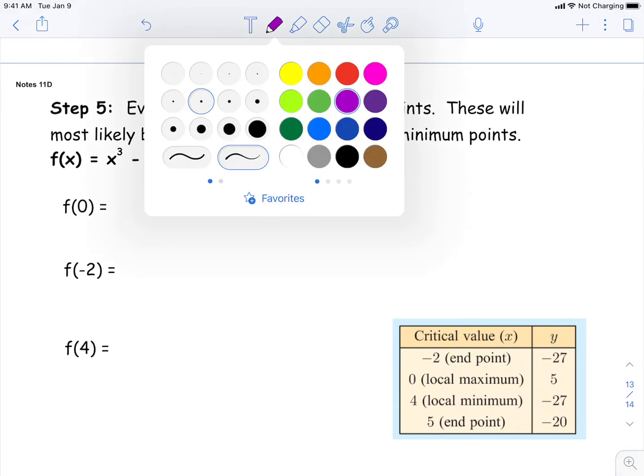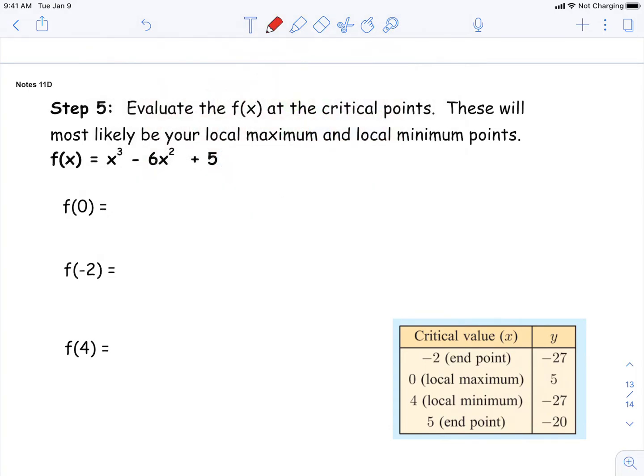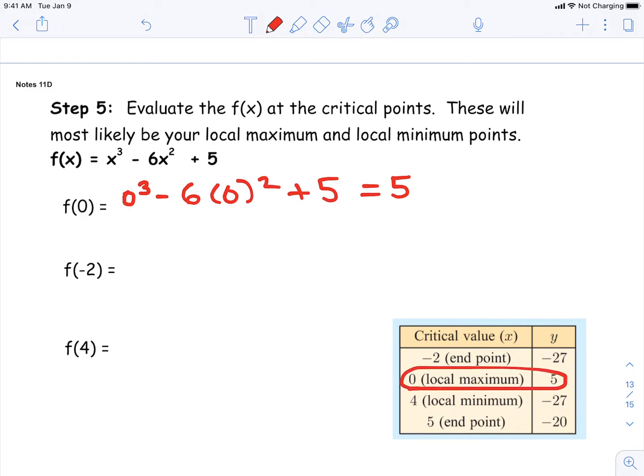So I'm going to choose 0 first and sub in. So 0 cubed minus 6 times 0 squared plus 5, giving us 5. So here is an ordered pair over 0 up 5.